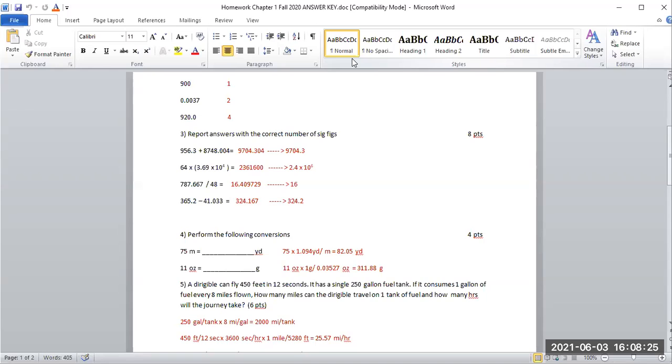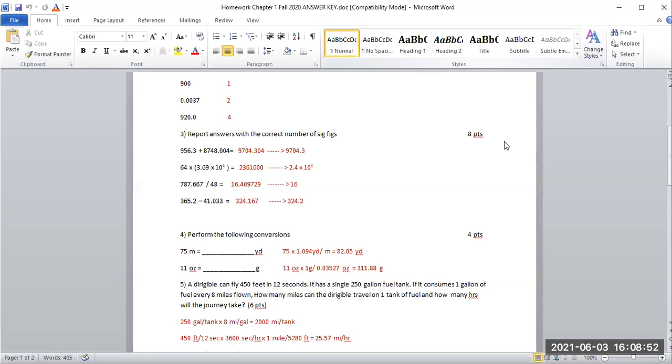Your answer is only allowed to have 1 decimal place. So after you crunch it through your calculator, you must round it to 324.2. Each of those was a 2-part question. Not only do you have to do the math correctly, you also had to apply the significant figure rules.